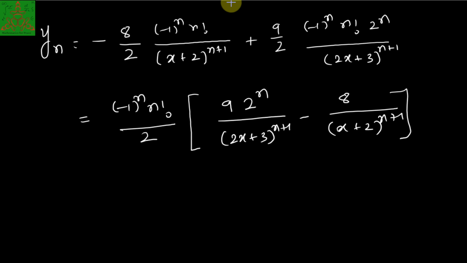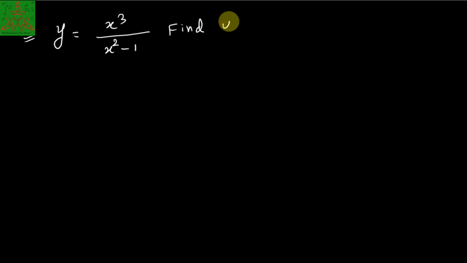Let us discuss one more class of function here. The next example is, if y equal to x cube by x square minus 1, then the question is to find yn at 0.